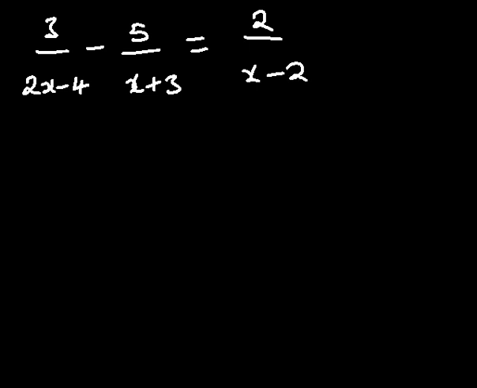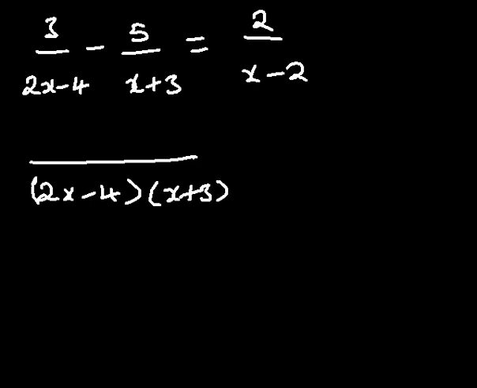So how do you think we should solve this? We should express these two fractions as a single fraction. And hence, what is the common denominator? We'll have it as 2x minus 4 times x plus 3, equal to 2 over x minus 2, of course.